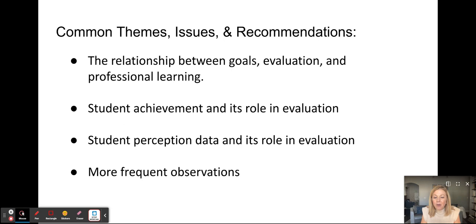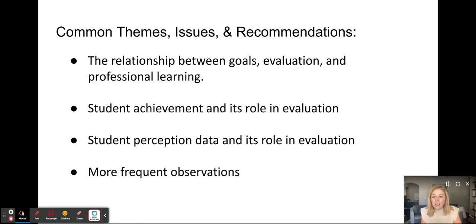The second theme that kept coming up was student achievement and its role in evaluation. So this idea of value added, and that's going to be this week. Then student perception data and its role in evaluation. Nobody's using it. Some of you reflected on that and made the connection to the recommendations from the MET.